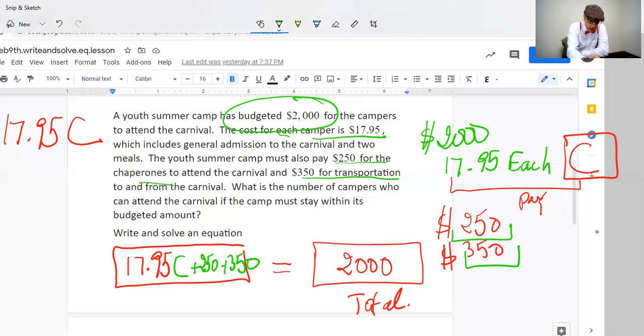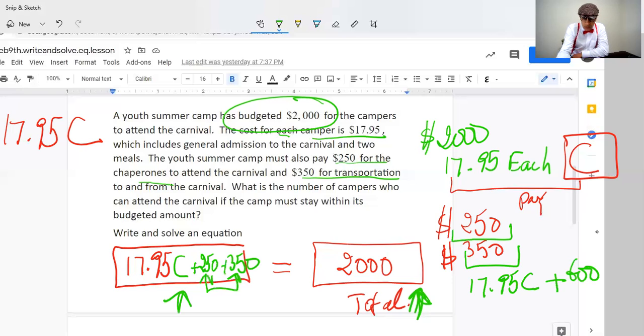So this is what they have to pay, and they want that to be less than or equal to $2,000. So they have $2,000 to spend, okay? So the equation would be 17.95C plus 250 and 350 is 600. So I put these two together. We want that to be $2,000 or less, okay?